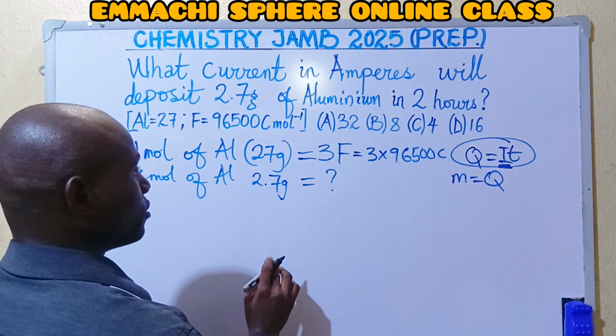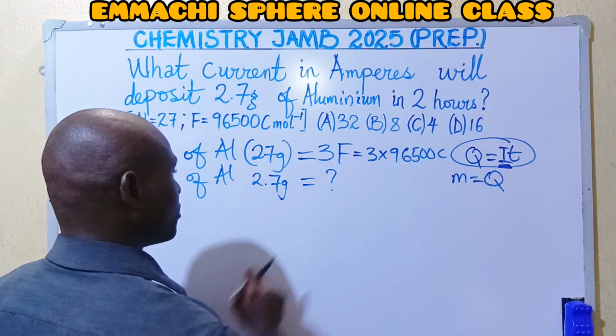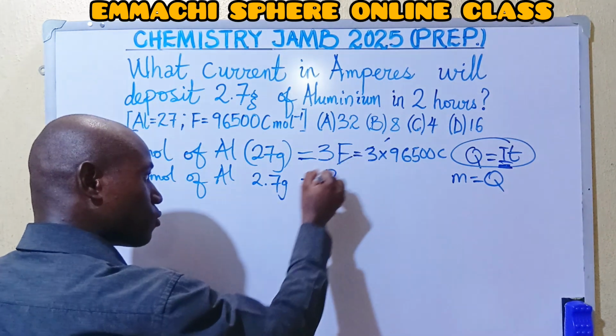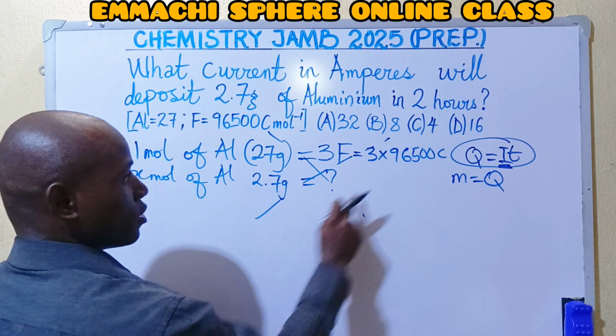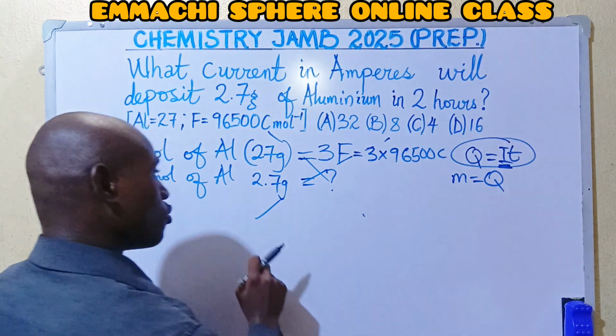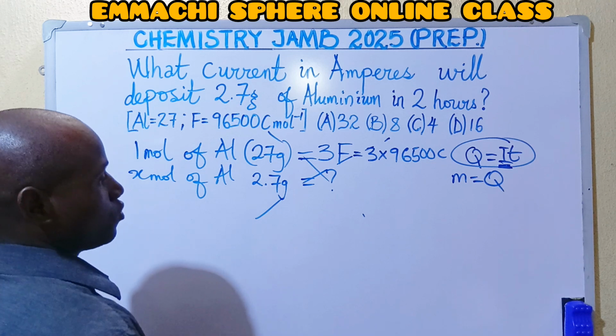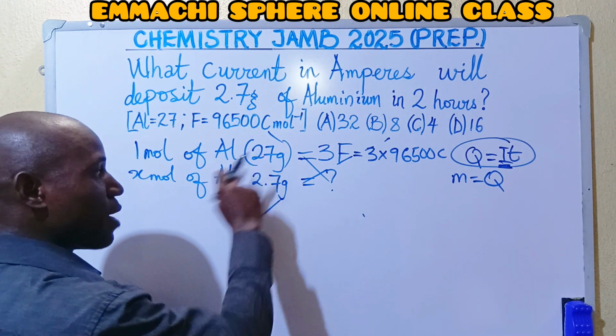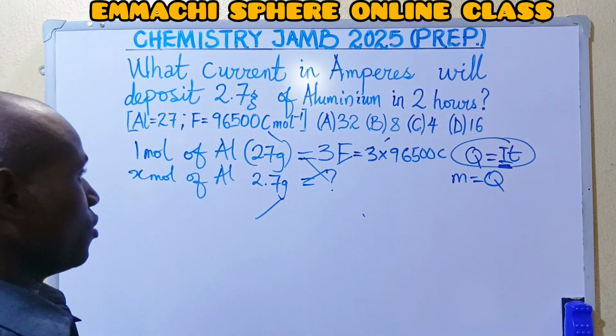So it now means that we will cross multiply. It will be the product of 3 and 96,500 coulombs times 2.7 grams, then divide by 27 grams.